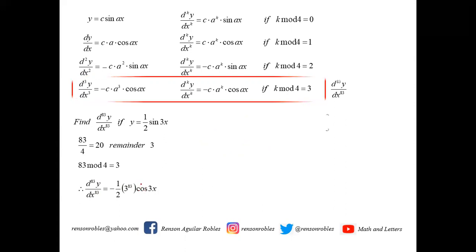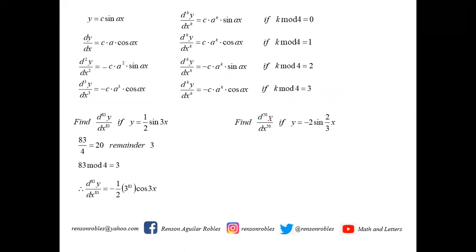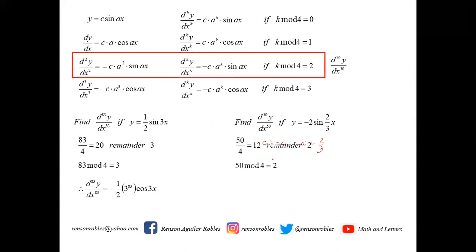Let's have some more. The 50th derivative of y in terms of x if y is equal to negative 2 sine 2 thirds x. You know that c is negative 2 and that a equals 2 thirds. Dividing 50 by 4, we have 12 remainder 2, or 50 modulo 4 is equal to 2. So we'll have a structure like negative c a raised to k sine ax.